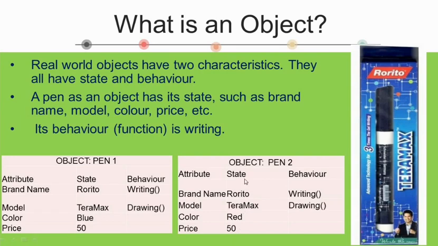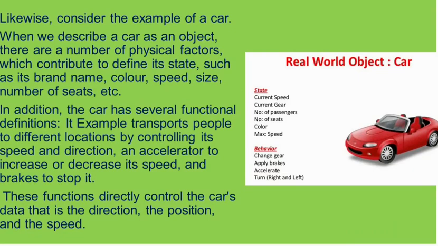Many states might be the same, but they will have at least one distinguishing state. So, attribute is the property of any object, the different properties of any object. The state is the values that are held by the attributes of that object. And the behavior is the functions that particular object will show. I hope this is clear.